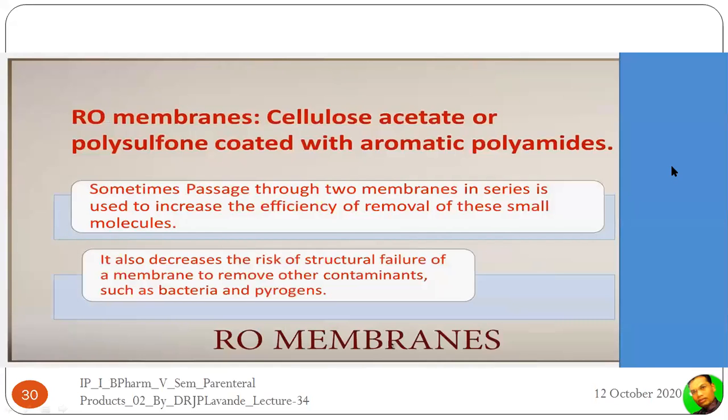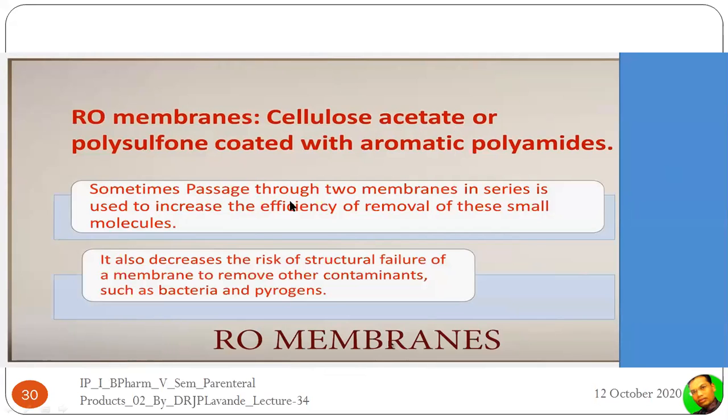Reverse osmosis consists of a membrane, and the membrane through which the liquid is allowed to pass is said to be the RO membrane. This RO membrane, or reverse osmosis membrane, is made up of cellulose acetate or polysulfone coated with aromatic polyamides.